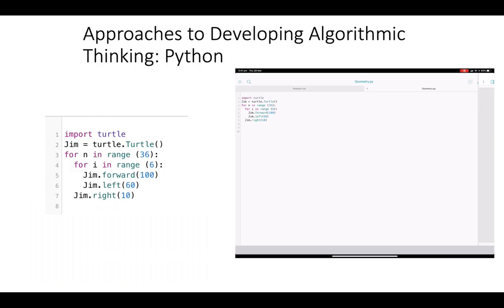And then if we want to go another step further, we can think about the following code.